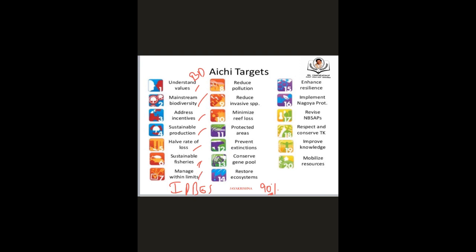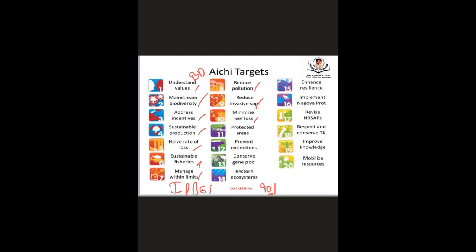Then manage within the limits, reduction of pollution, reduction of invasive alien species. What do you mean by invasive alien species? The species which are not native to the habitat, which are brought from some other habitat. Because the invasive species is highly robust, it will take all the food of the native species, and thereby the native species will be at stake.